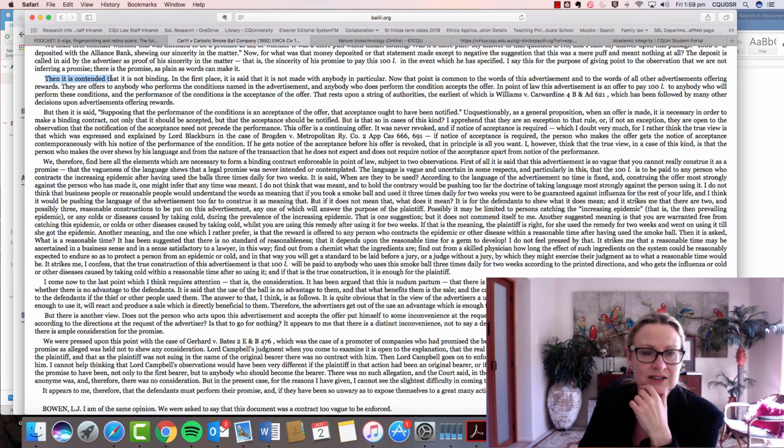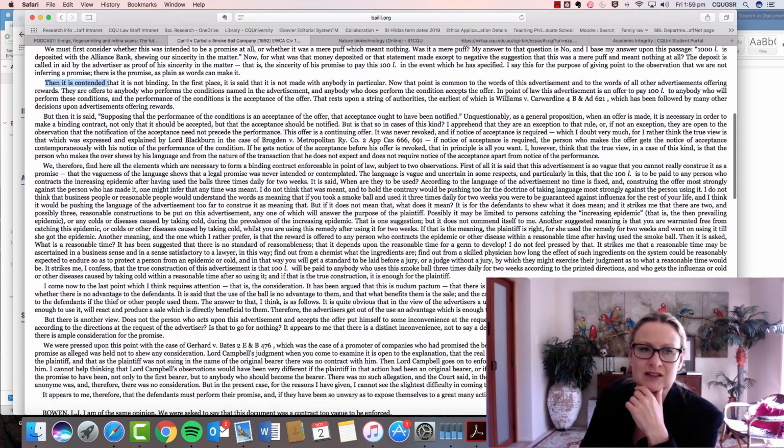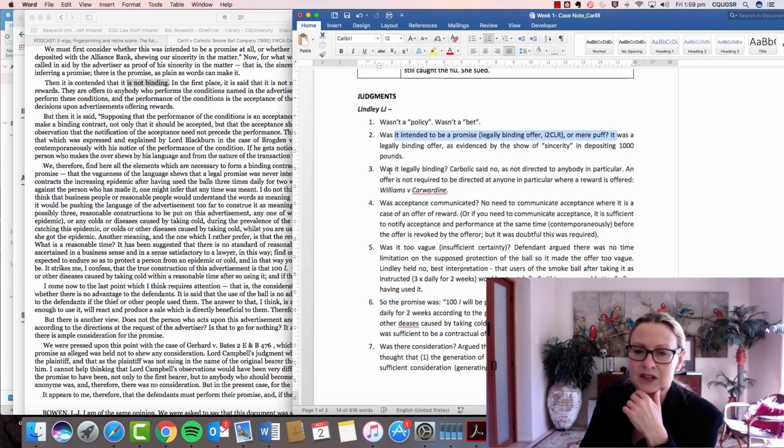Then it is contended. So can you see what I'm doing? I'm looking for words in the paragraphs that will flag for me what I need to quickly hone in on. The next point, is it binding? Is it not binding? So then I've put that as my next issue in my case note.